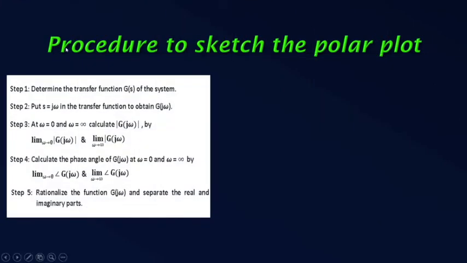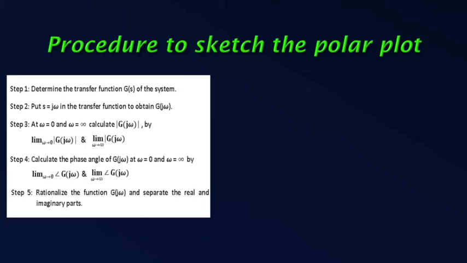Procedure to sketch the polar plot. In many control system applications, an exact plot of the frequency response is not possible. A rough sketch of the polar plot of the transfer function G(j omega) is quite sufficient for stability analysis in the frequency domain.